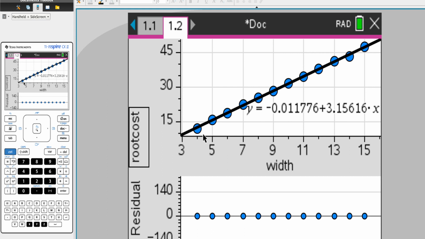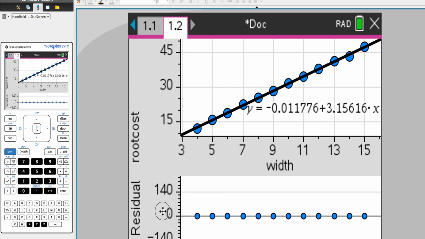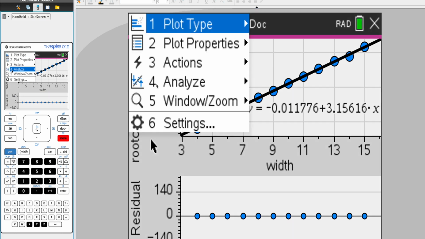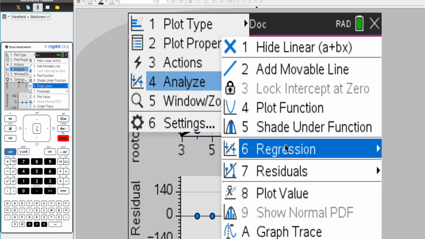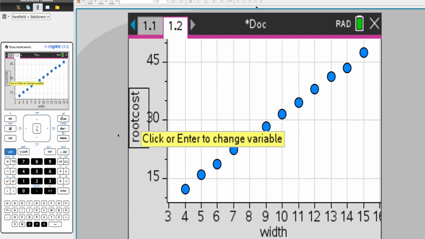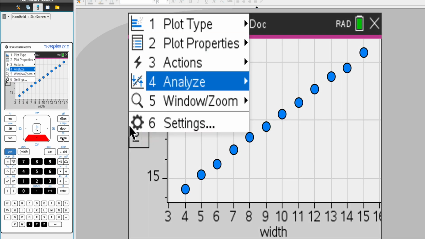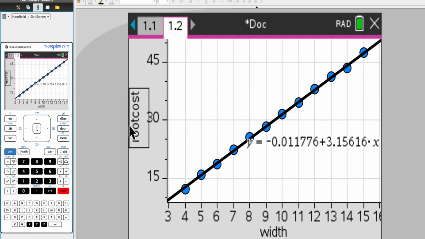And we can see our data fits our line quite well. And we see our residual plot. Let's just turn that off and turn that on, just so we're definitely sure that this is showing the appropriateness. So Menu, Analyze, Regression, A plus BX.